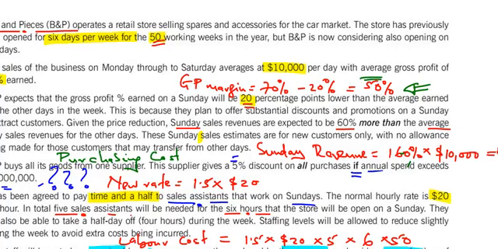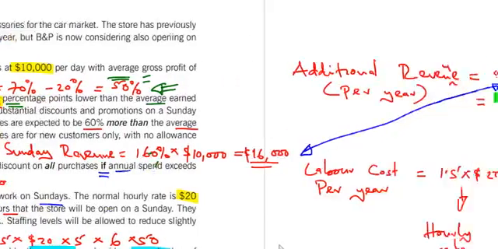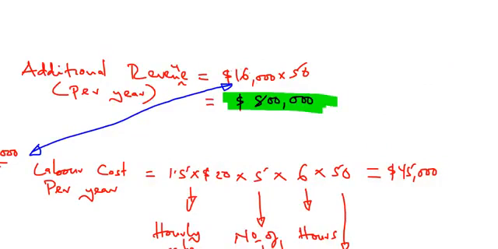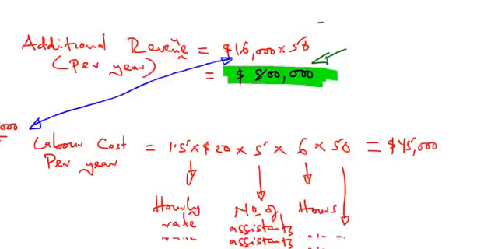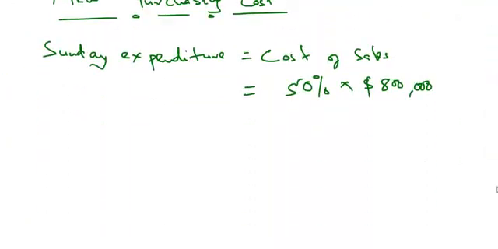The GP margin will be 20 percentage points lower than the average. So 50% is the new margin we are making on Sundays, but we are making 800,000 in sales. That means the purchasing cost is 400,000. 50% of 800,000 is equal to 400,000. Okay, so that's the Sunday expenditure.